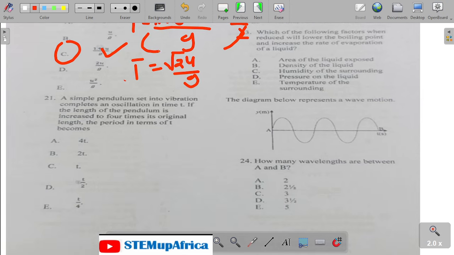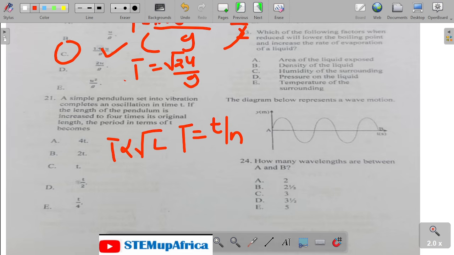Then number 21. A simple pendulum is set into complete vibration and oscillates in time t. If the length of the pendulum is increased by a factor of 4 times its original length, what will be the period? We know that period is t over n, and we know that period is proportional to the square root of length. We did that in the theory.